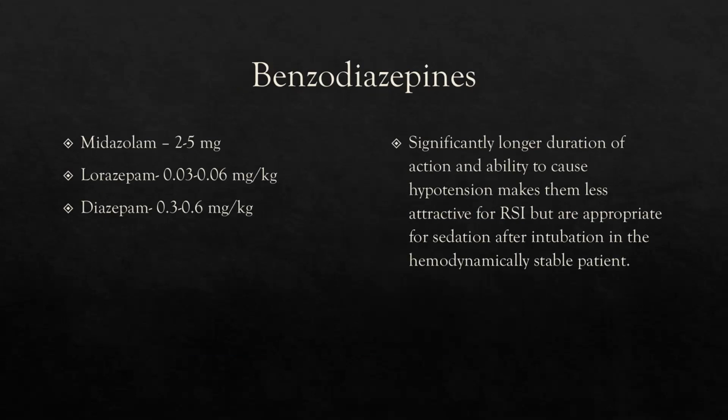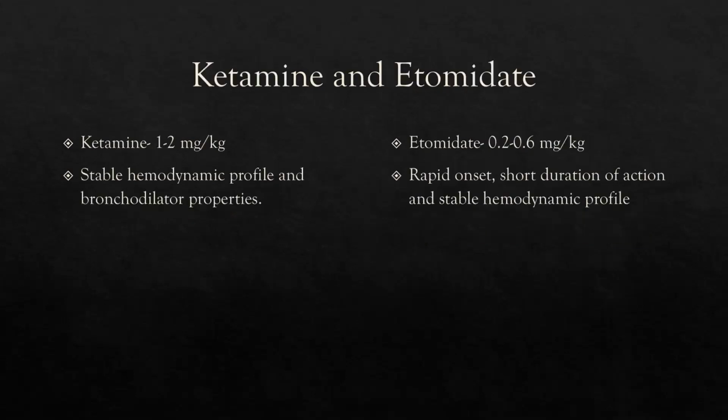I try to use those post-intubation rather than as an induction agent. But if you are going to use these meds, midazolam is 2 to 5 milligrams, lorazepam is 0.03 to 0.06 milligram per kg, and diazepam is 0.3 to 0.6 milligram per kg.